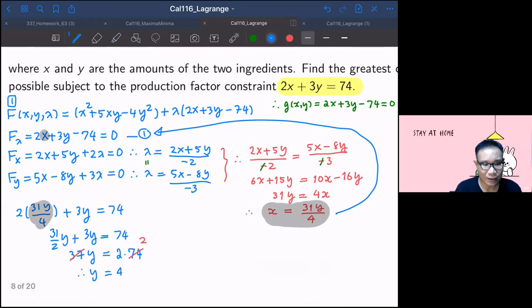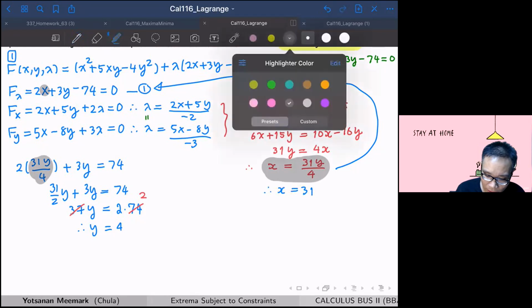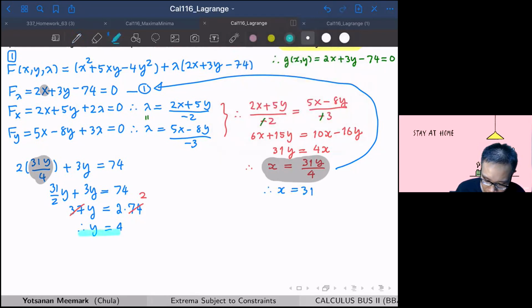Not bad. So you have y equal to 4, and you can plug into x. So in here, you're gonna get x equal to 31. So you have x equal to 31 and y equal to 4 for the final answer.